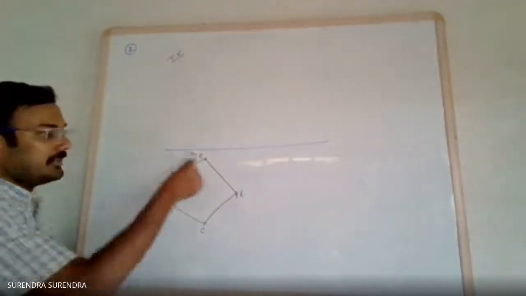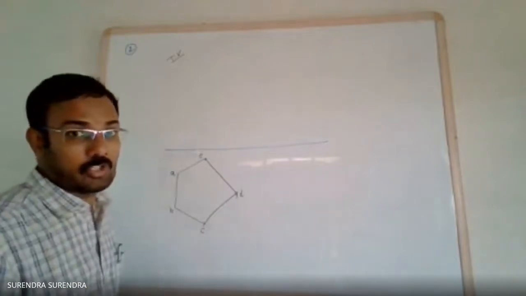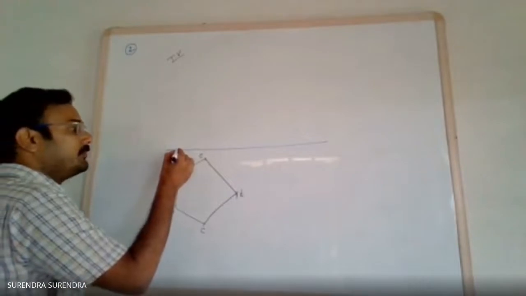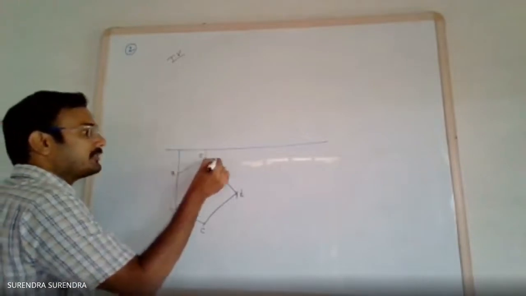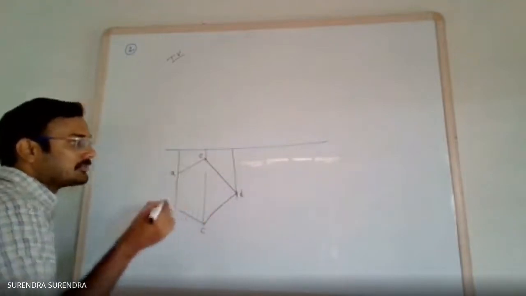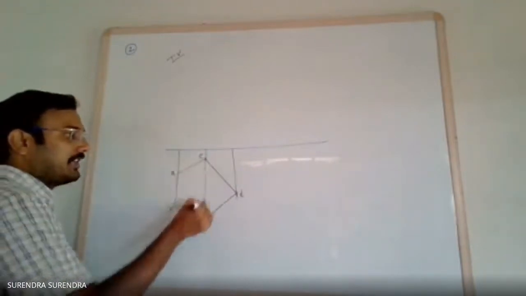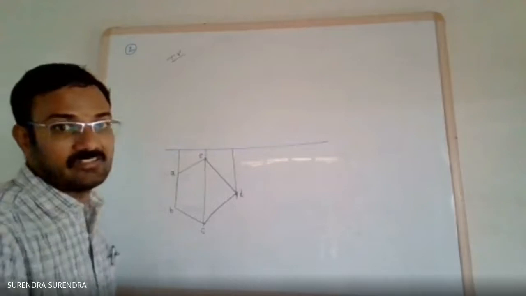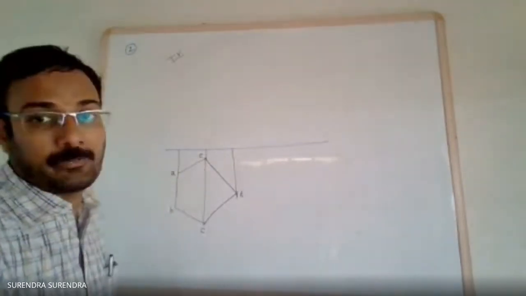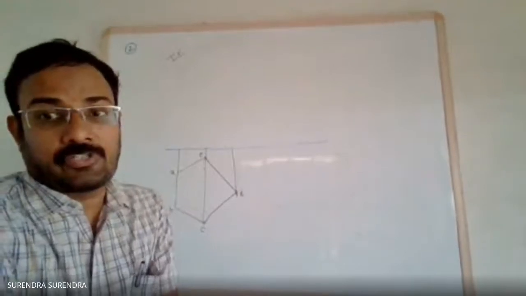Now, this is the top view. Now, project each and every point from top view to front view. Draw the projections. If we draw it exactly, we'll get the same projection line from C and D, and the same projection from B and D. So how far should we project?